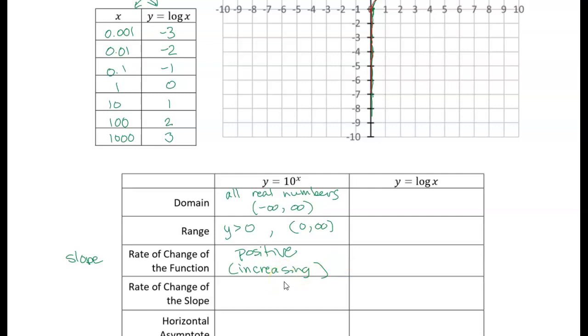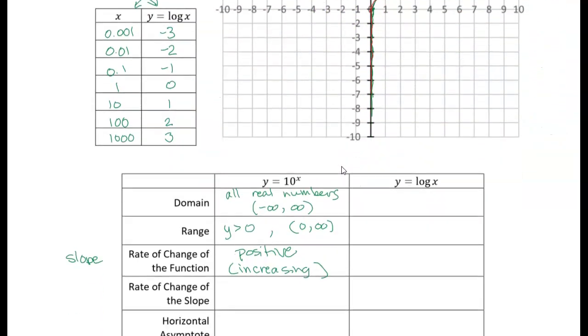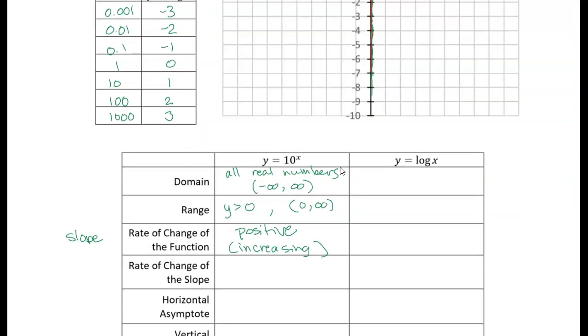All right, so we were looking at the rate of change of the function. Now we want to look at how the slope is changing. This is what you would be looking at with your second derivative, right? So how is the slope changing? Well, we already kind of talked about that. As x gets larger and larger, the slope gets steeper and steeper, so it becomes larger, right? So the rate of change of the slope is also positive, because the slopes are increasing.